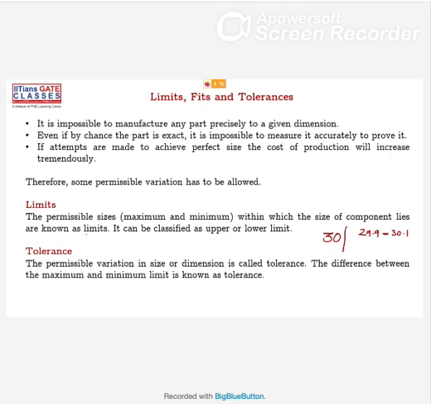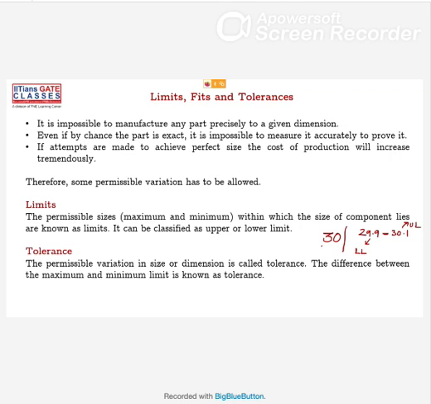Somebody will do the calculation till 3 decimals, somebody will take 2 decimals, somebody will take 5 decimals. The more the decimals, the more the time, and the more accuracy you'll get. That's the reason GATE gives this kind of range. If you get in this range, then you're right. Similarly, with this range, this is your upper limit UL, and this is your lower limit LL. So these are the limits.